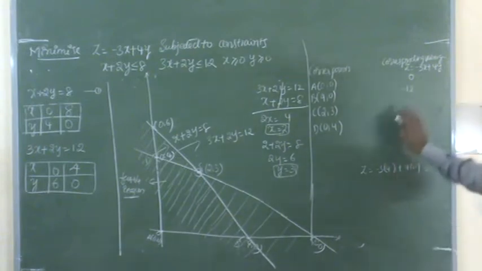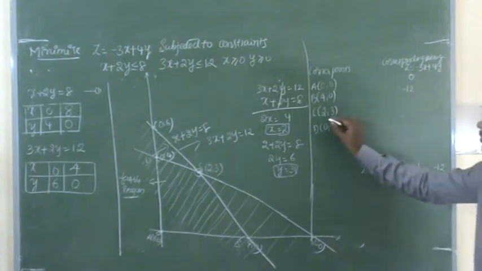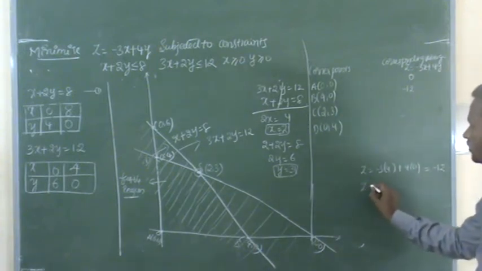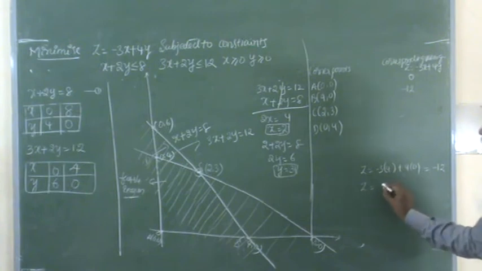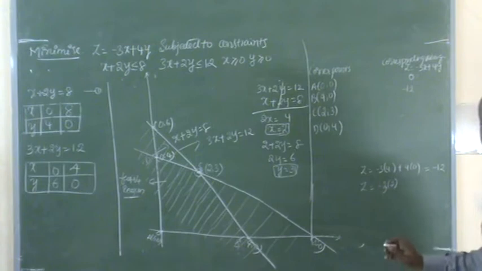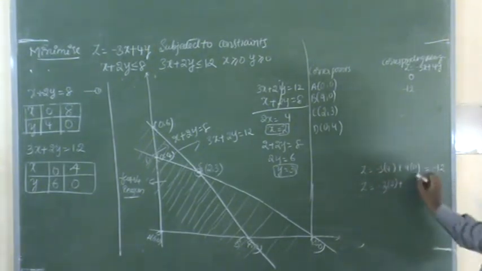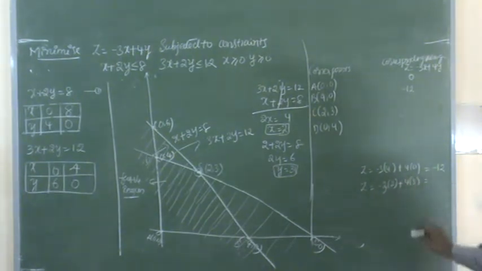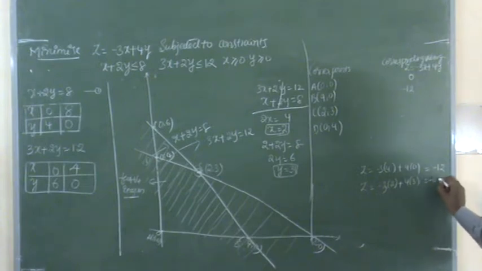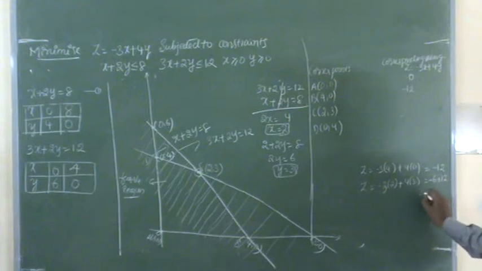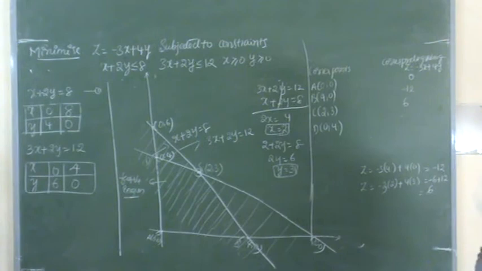For the third point, 2, 3, z is equal to minus 3 times 2 plus 4 times 3, that is minus 6 plus 12, which is equal to 6.